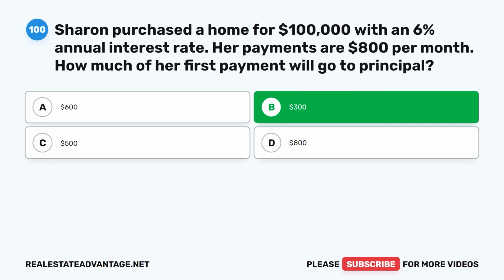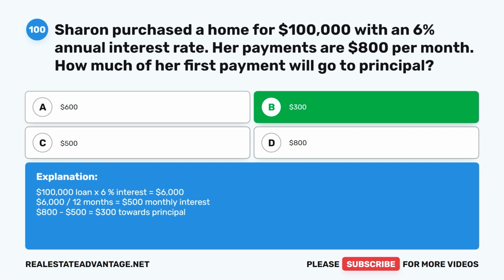The correct answer is B. $300. $100,000 loan times 6% interest equals $6,000. $6,000 divided by 12 months equals $500 monthly interest. $800 minus $500 equals $300 towards principal.